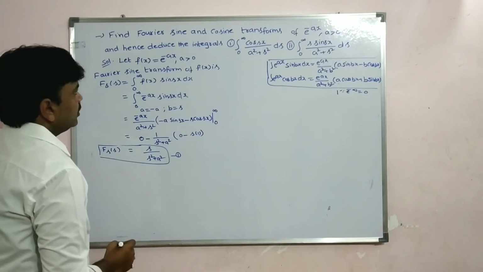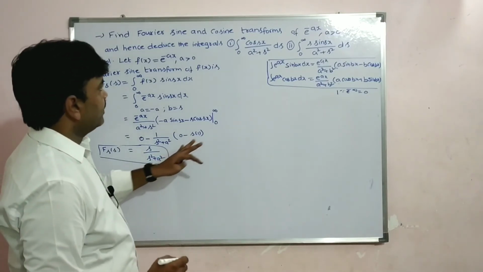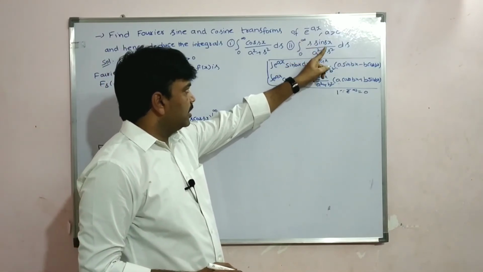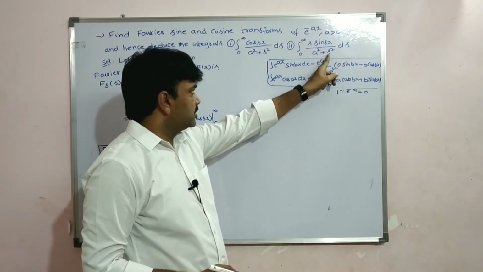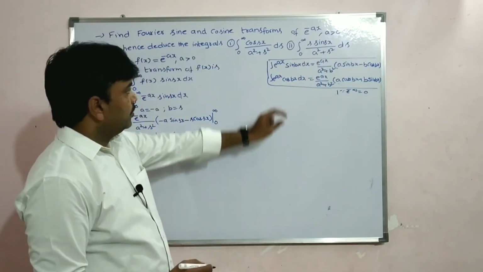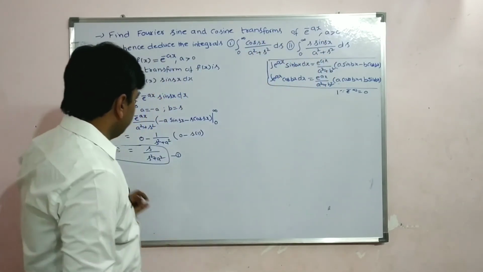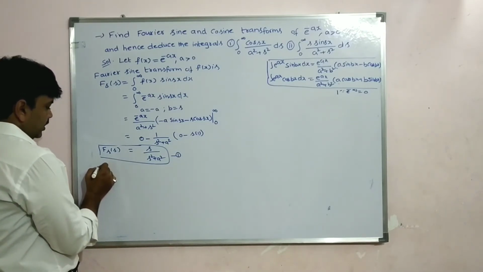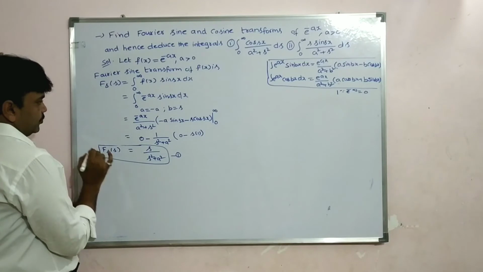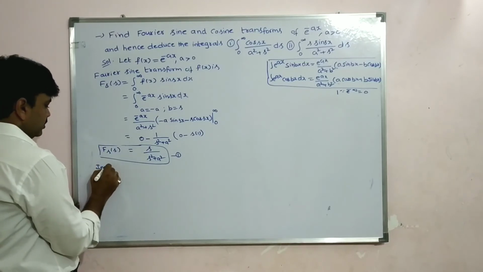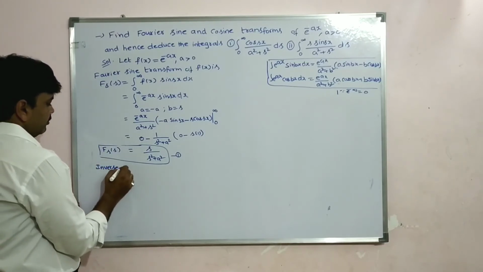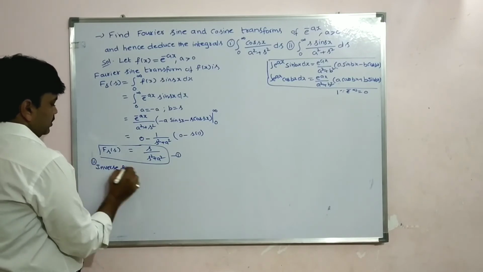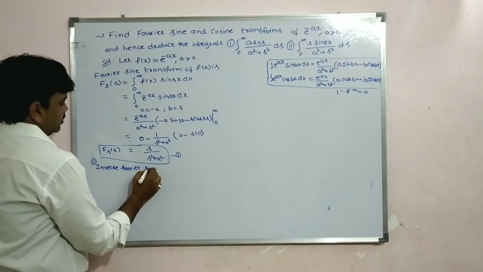Now see, students, if you observe this integral, integral 0 to infinity s sin sx by a square plus s square ds, to find this integration value, I am using the inverse Fourier sine transform.